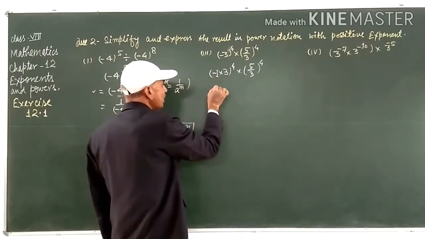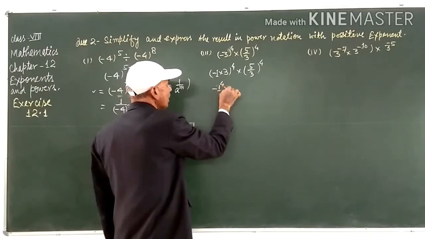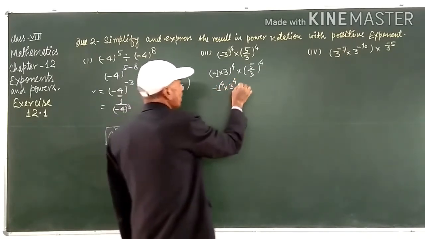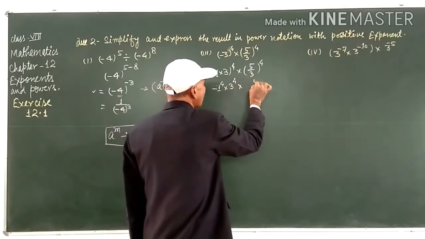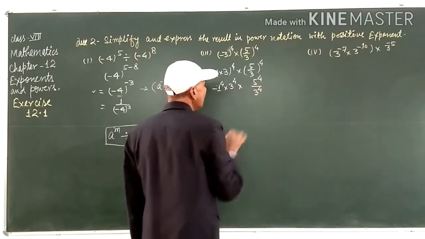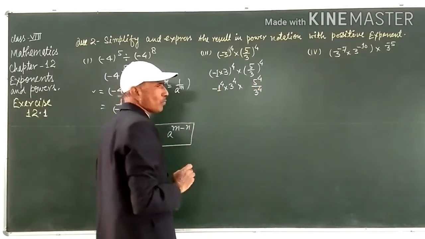So it will be, students, (-1) to the power 4 into 3 to the power 4 into this one, 5 to the power 4 upon 3 to the power 4. This one will be (-1) to the power 4.